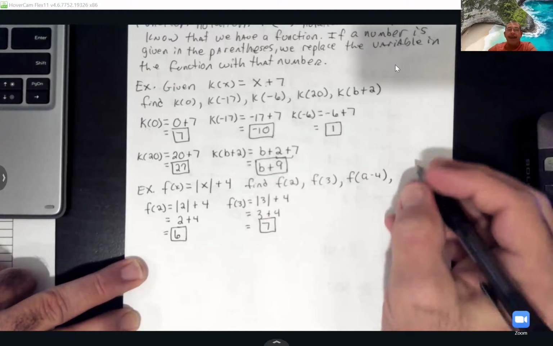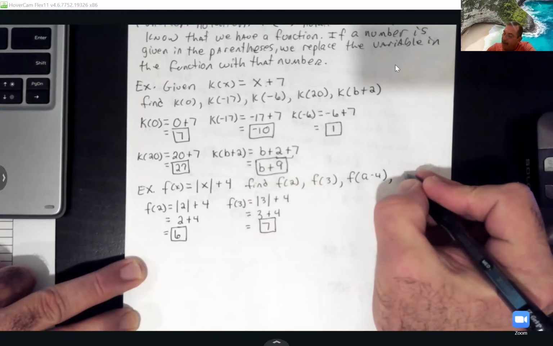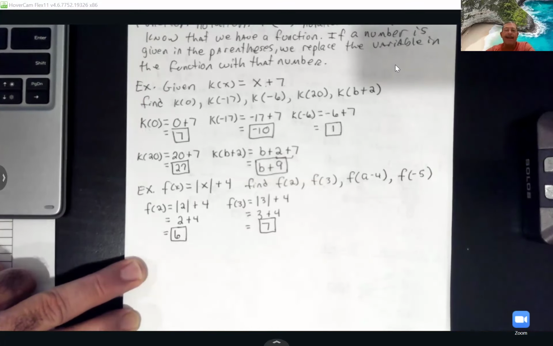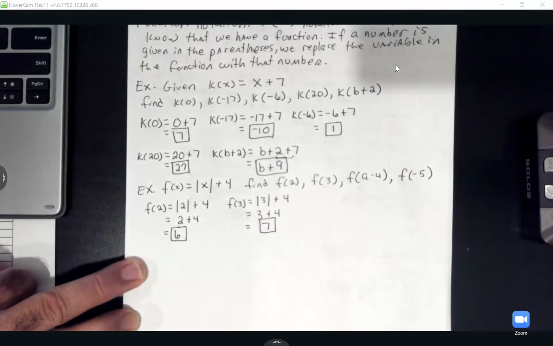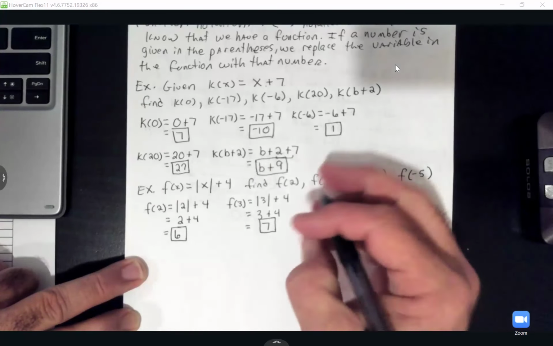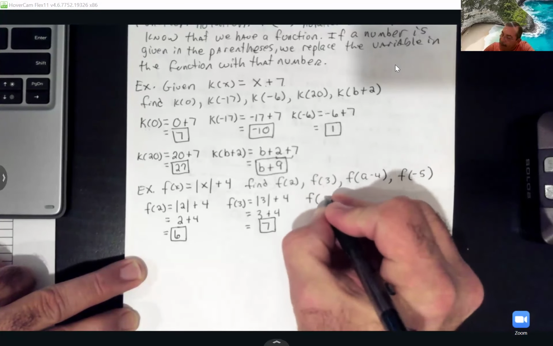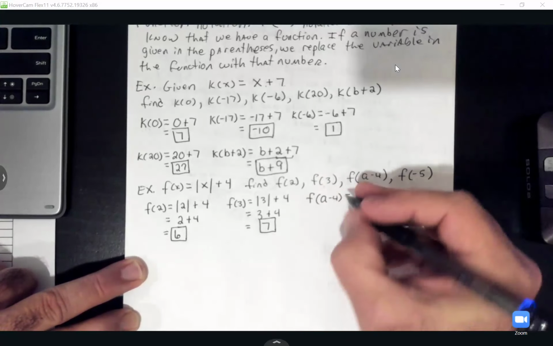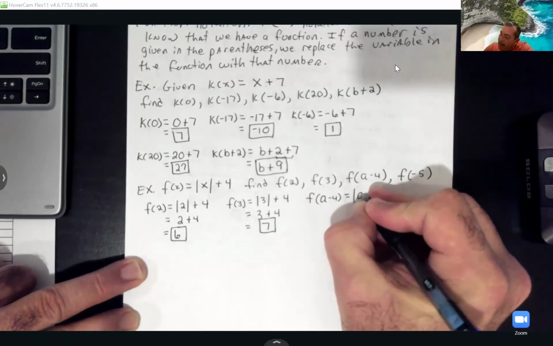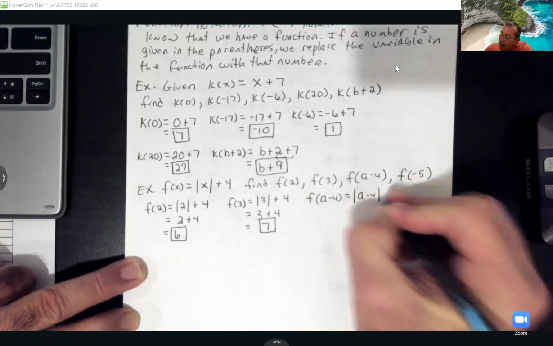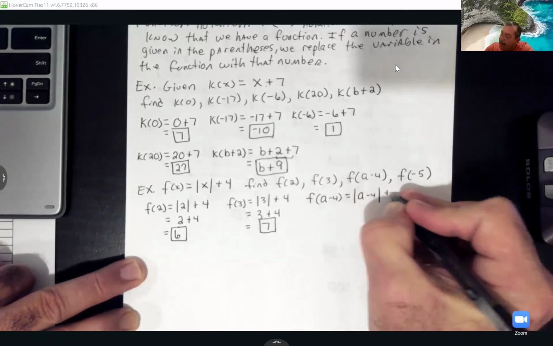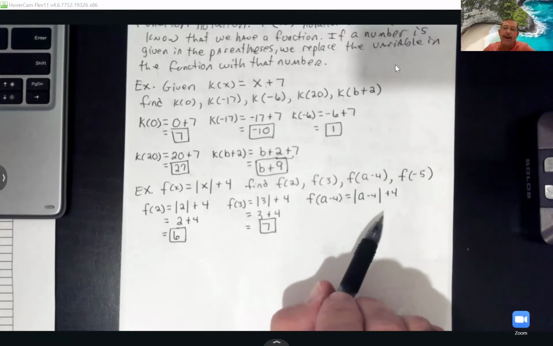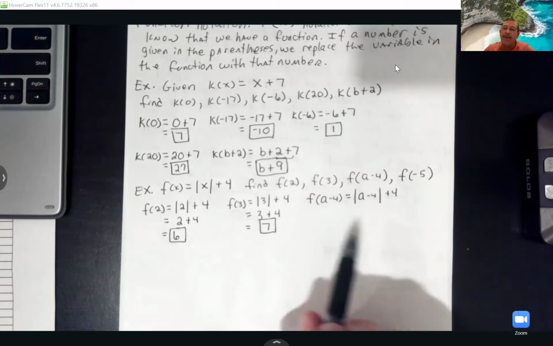And y'all, I'm going to add one here because they didn't give me no negatives on this one. So I'm going to do f also of a negative 5 for us, okay? Now, let me do the f of a minus 4. Now, this one I didn't like on this problem because I'm going to put the a minus 4, and then outside I got a plus 4. And y'all, the reason I don't like this problem, because we can't do nothing to this.